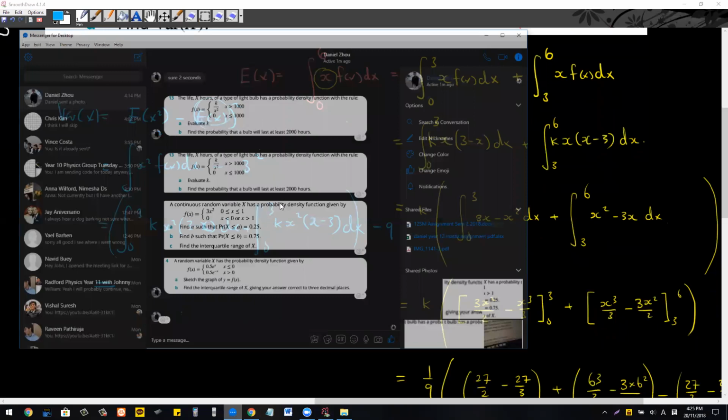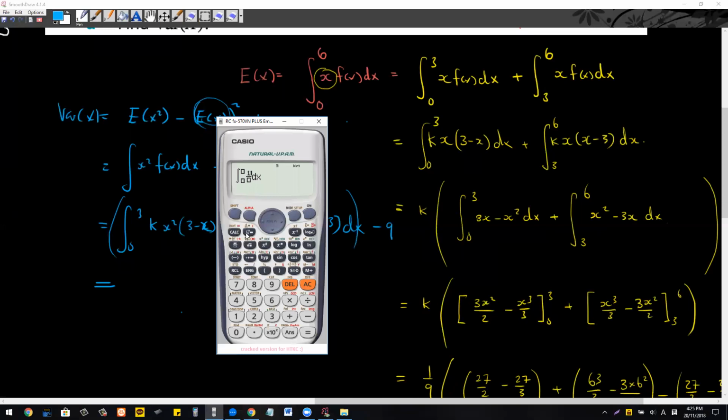Yeah, so it was integral. You can put everything in here, 1 on 9, then x square bracket 3 minus x, close the bracket, from 0 to 3, plus integral 1 over 9, and then x square bracket x minus 3, from 3 to 6.